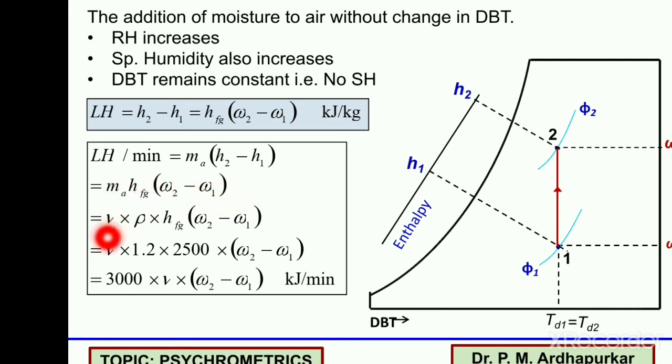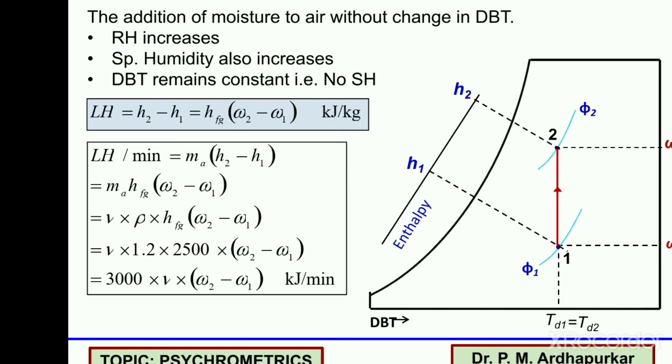Mass of air can be further expanded as a product of the volume flow rate multiplied by mass density. So, volume flow rate expressed in terms of meter cube per minute multiplied by mass density, that is kg per meter cube, multiplied by latent heat of vaporization, and the W2 minus W1 is the change in specific humidity.